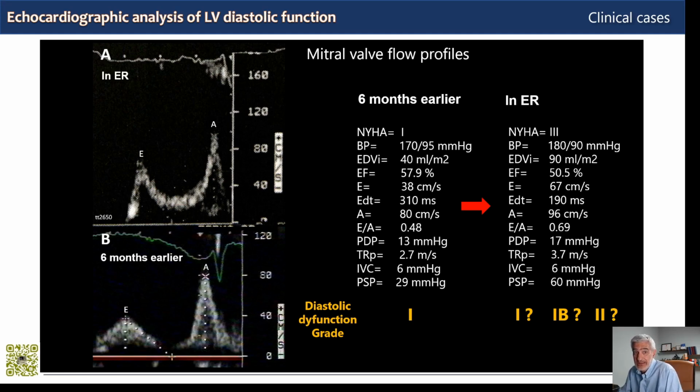But second, non-invasive estimation of wedge pressure using pulmonary regurgitation is very rewarding in my experience. So I would strongly consider using this parameter always in diastology. And last but not least, mandatory digital storage of exams can be life-saving, as you saw in this last case here.